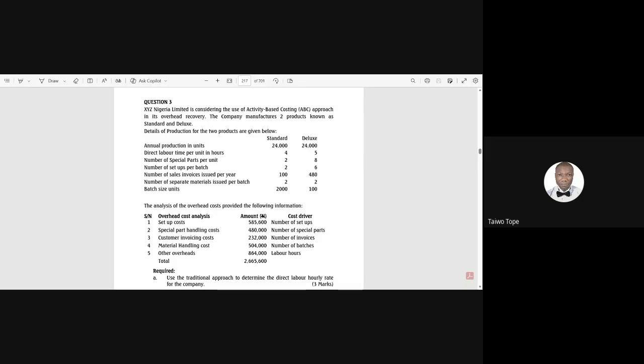So let me repeat again. Batch size: one batch constitutes how many units for standard? 2,000. So how many batches will you get in 24,000 units? It will be 24,000 divided by 2,000. So you have 12 batches.